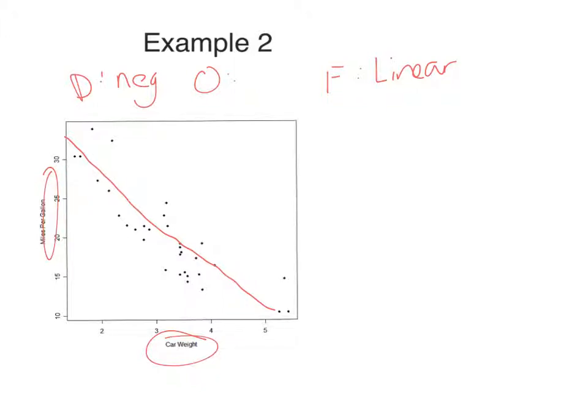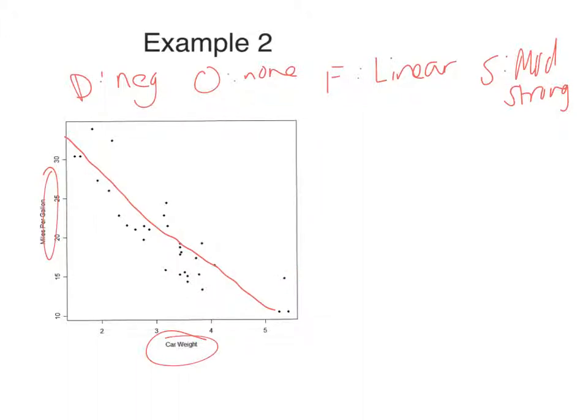The strength is somewhat strong. I would definitely say it's moderately strong, probably, because the dots are somewhat near that line. It's not super scattered, but there you go. And then for outliers, I don't think there are any in this case. You might argue that this one might be, but I don't think it's far enough to really conclude anything.